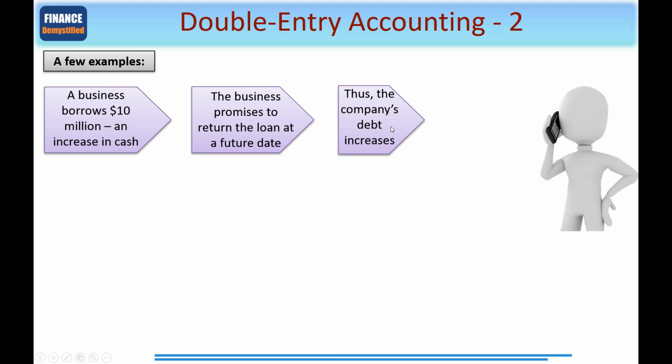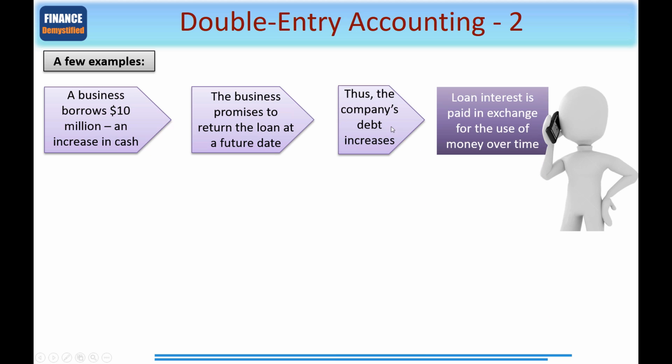Thus, the company's debt increases. However, the loan interest is paid in exchange for the time value of money. In other words, they've got this money to use now to make a profit soon and then pay the money back over some period of time. I'll cover the time value of money in a lot more detail when we look at investment analysis with business cases in a much later module.